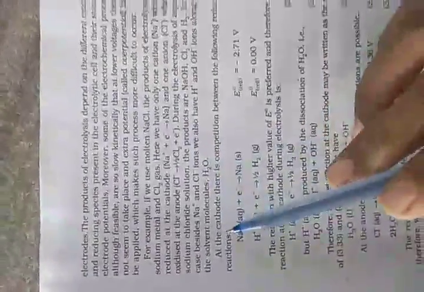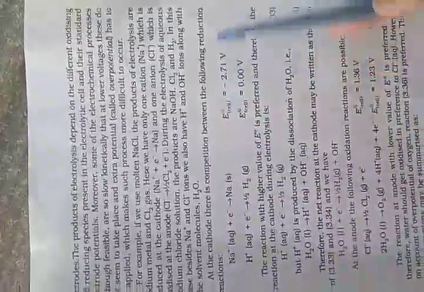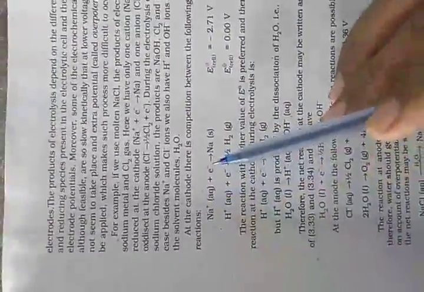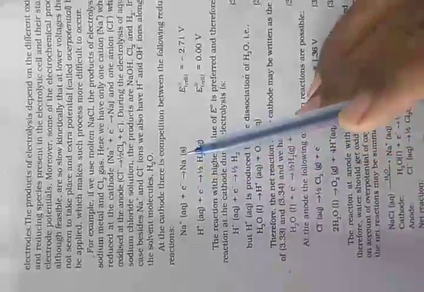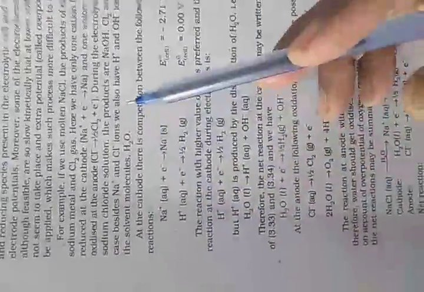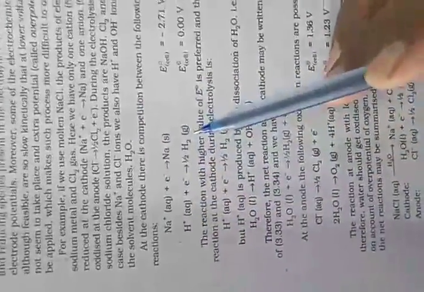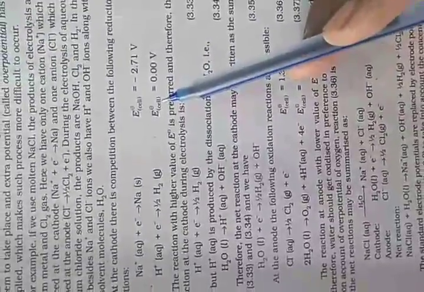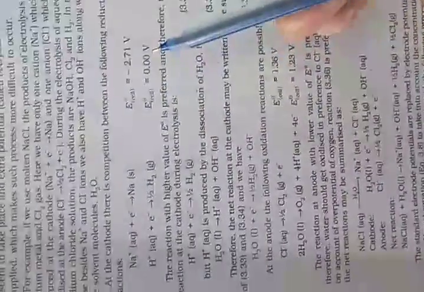At the cathode, there is a competition between the following reactions: Na+ plus an electron gives sodium, and H+ plus an electron gives H2 gas. You know that this is the half standard cell, so its voltage is 0.